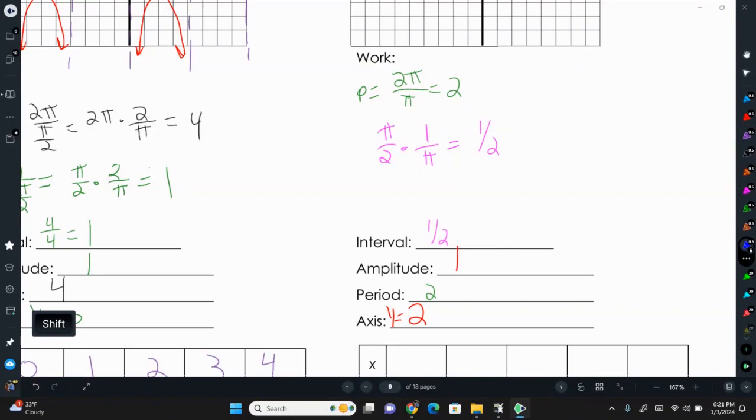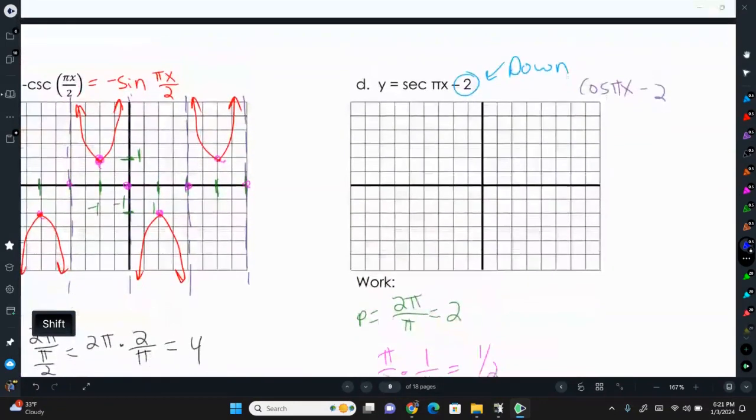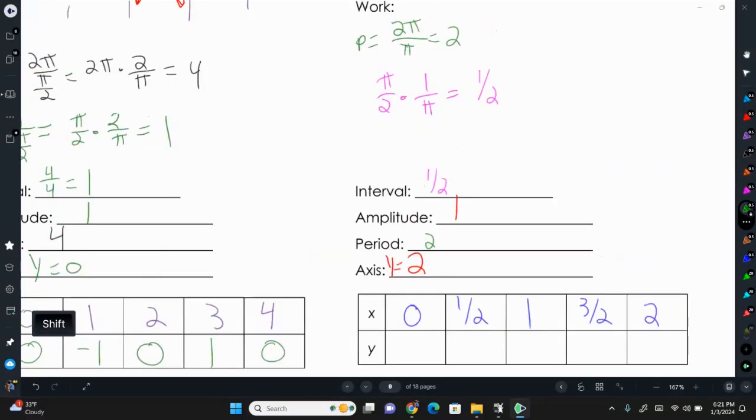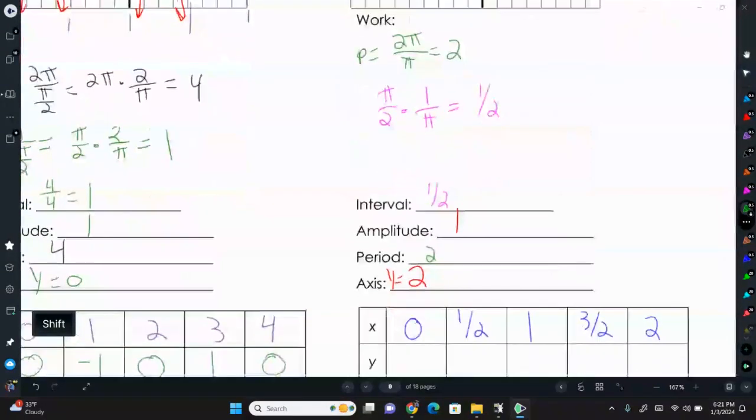Right, so we are not shifted left or right, so we're going to start the x values at 0 and then go up by 1/2, 3/2, and then 2. Now, because we are shifted down 2, the axis should actually be y equals negative 2.